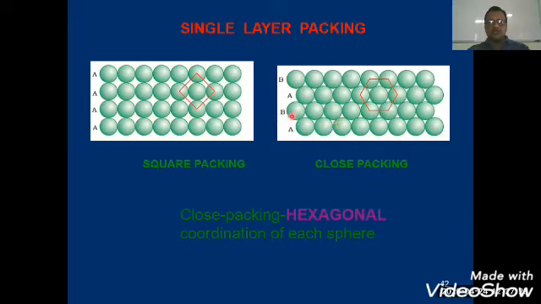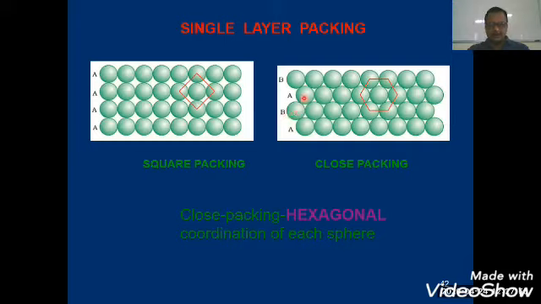So the second layer of atoms is sitting in the voids or in the holes of the first layer. So the geometrical arrangement of the first layer and the second layer are different. If I say the geometrical arrangement of the first layer is A, the geometrical arrangement of the second layer is B.